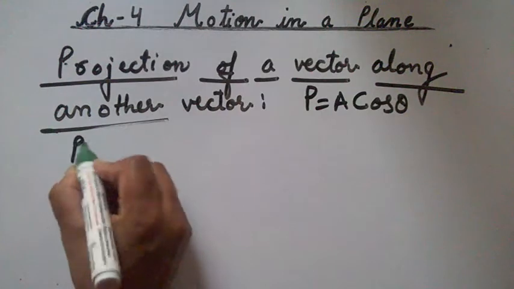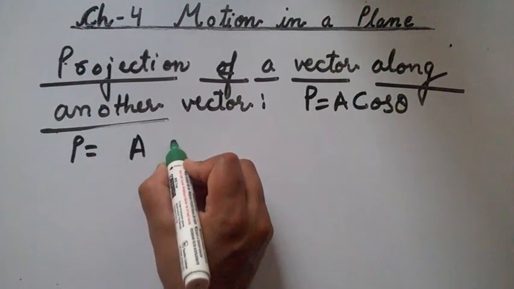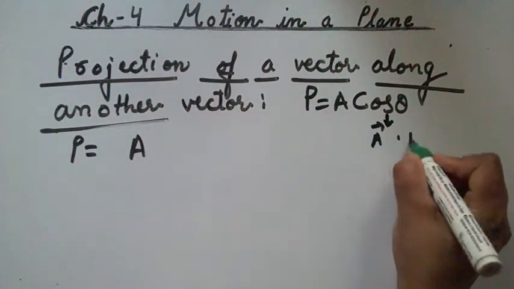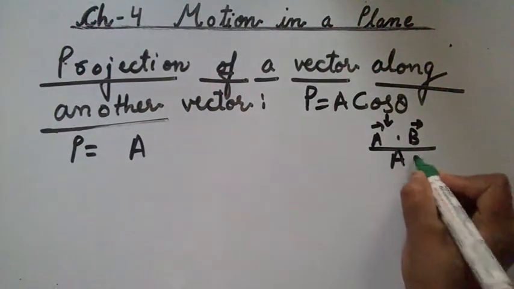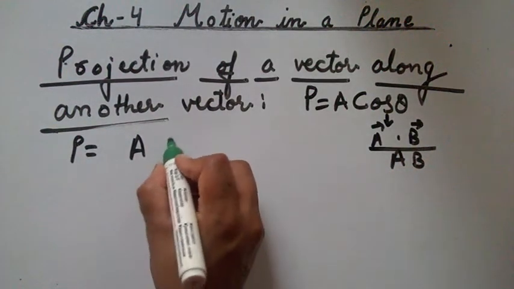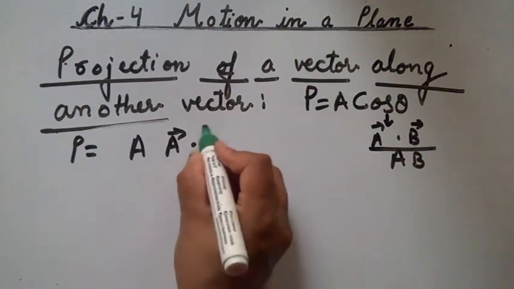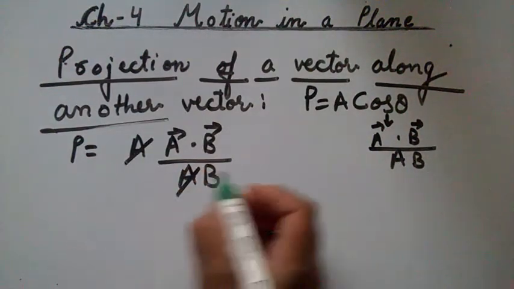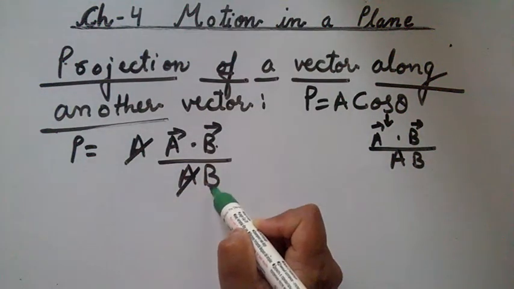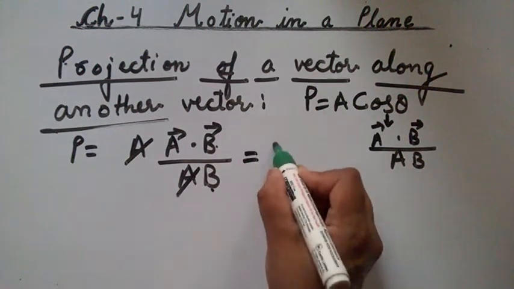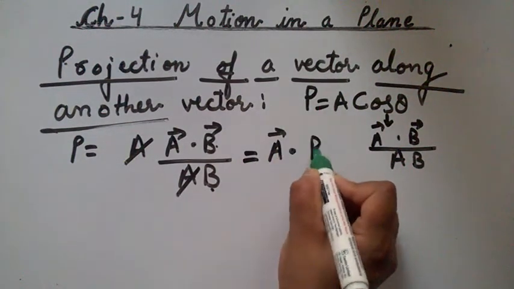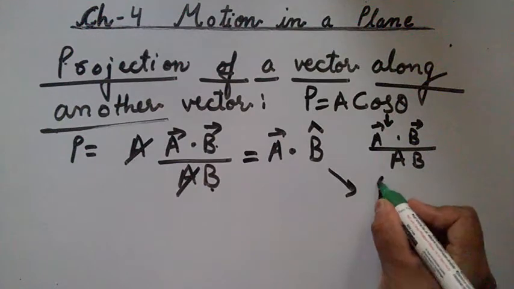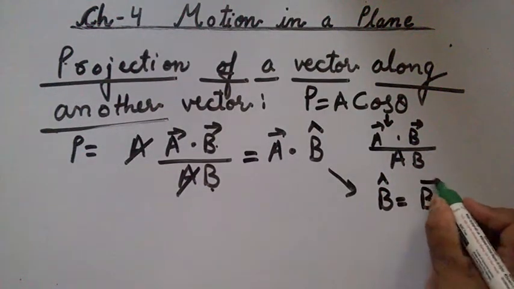P is equal to magnitude A into cos theta, which is equal to A vector dot B vector by magnitude A B. Now we can cancel this magnitude A by this magnitude, and we remain with B vector by B, which is equal to A vector dot B cap, as unit vector is given by vector upon its magnitude.